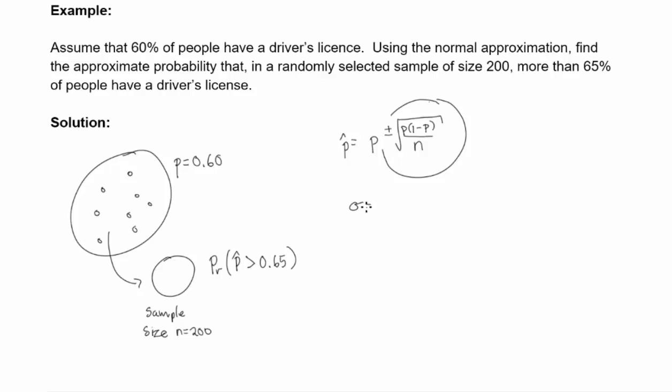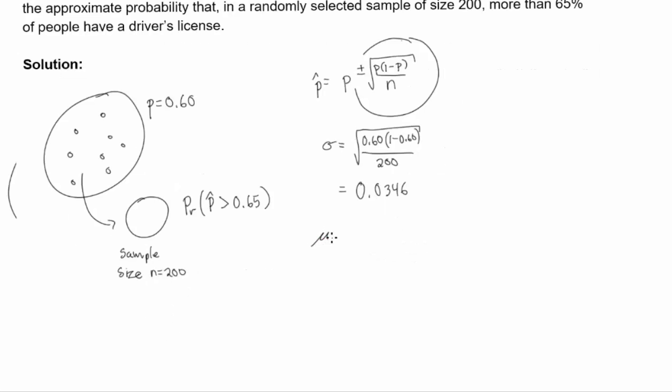We'll solve that first. The standard deviation is the square root of 0.60 times 1 minus 0.60 all over 200. And that equals, standard deviation equals 0.0346. And the average sample proportion, mu, will equal the population proportion, which was 0.60.